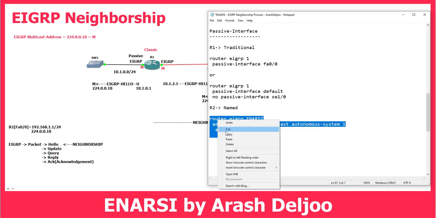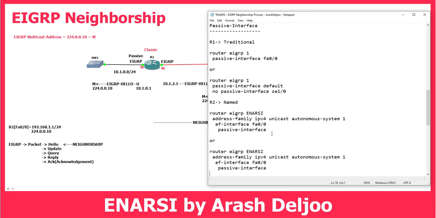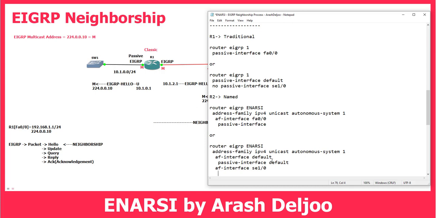And also you can configure this method: router EIGRP ENARSI, again address-family ipv4 unicast autonomous-system 1, af-interface default. Here you can use passive-interface, and also again af-interface serial 1/0. Here you should use no passive-interface.